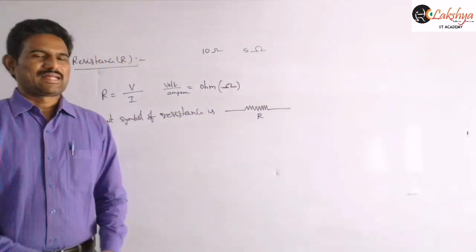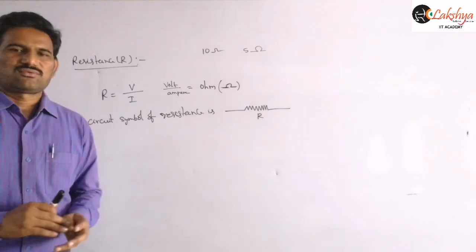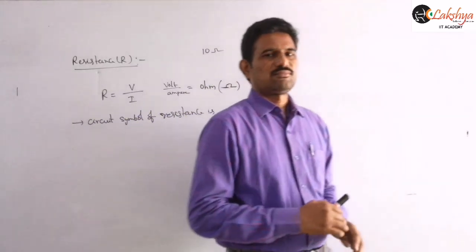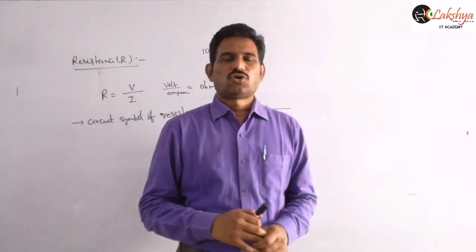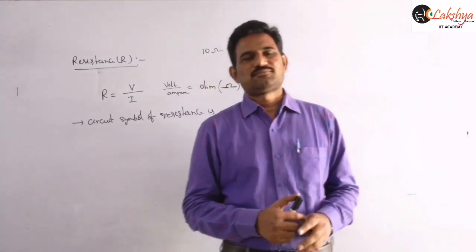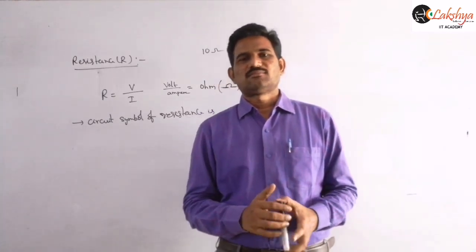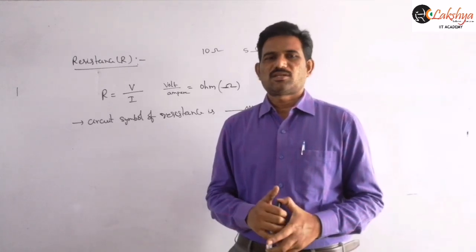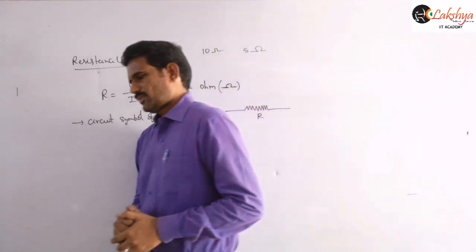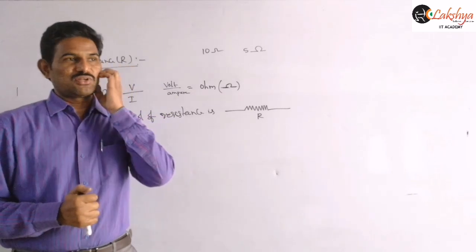So write that resistance depends on nature of material, comma, dimensions of the material, comma, impurities present in it, and the temperature of the material. That means it depends on those factors there.